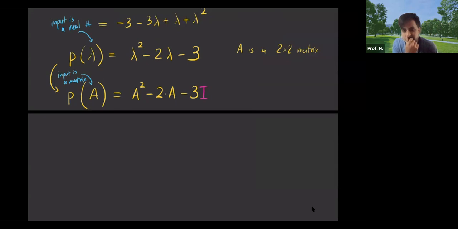You can think of this as A to the zeroth power. But of course, it's not one, it's I. It's not one in the sense of the real number one, it's one in the world of matrices, which is I. So it should be I.